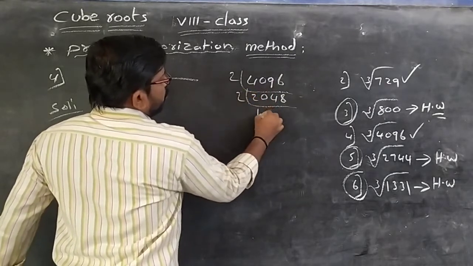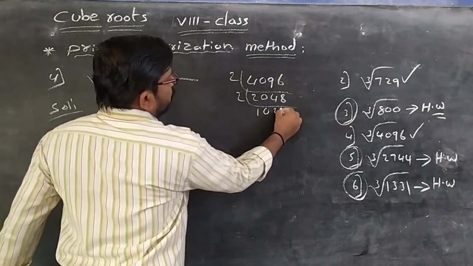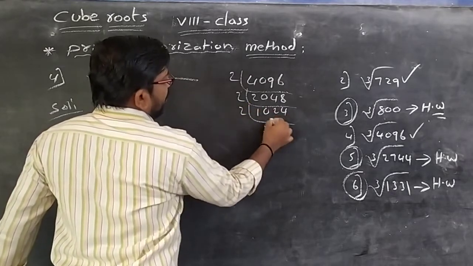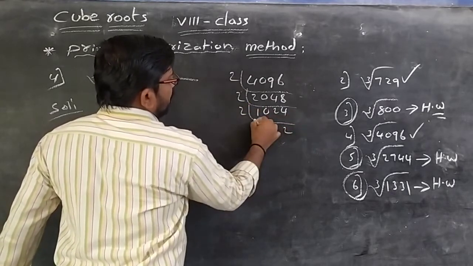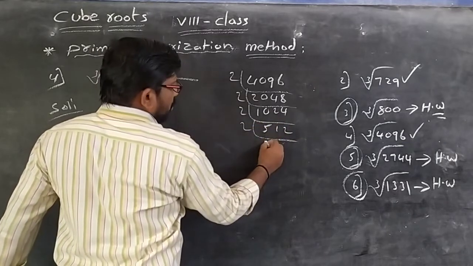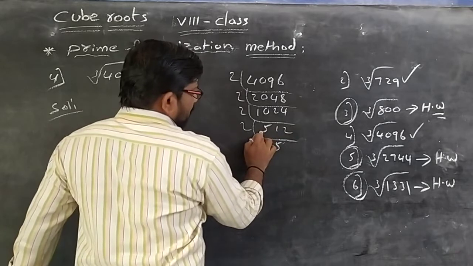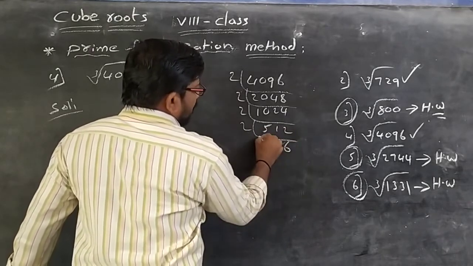Again 2 10s are 20, 2 2s are 4, 2 4s are 8. Next 2 5s are 10, 2 6s are 12.